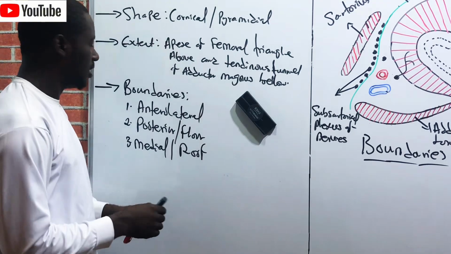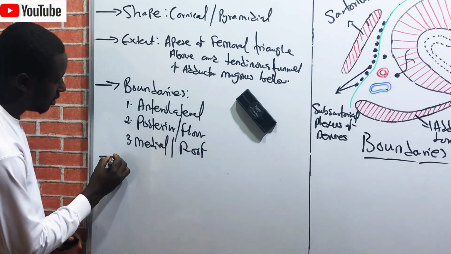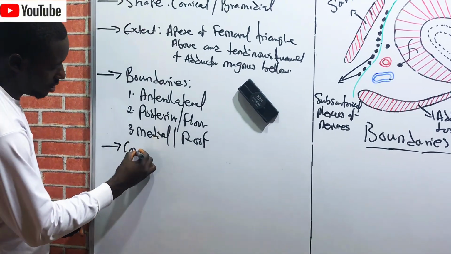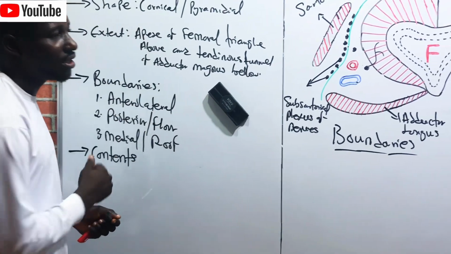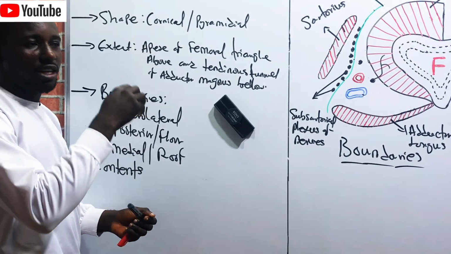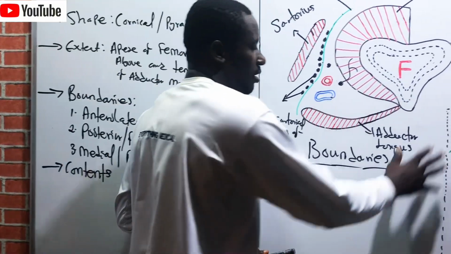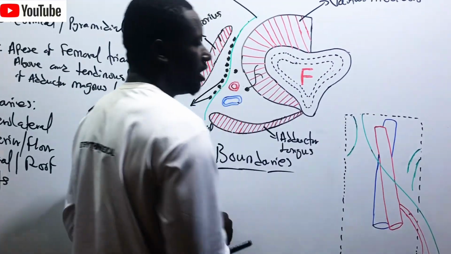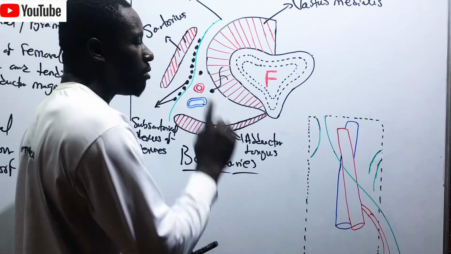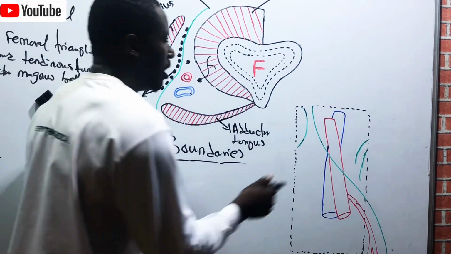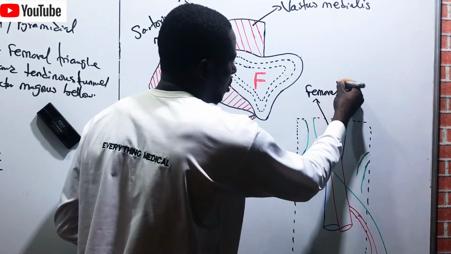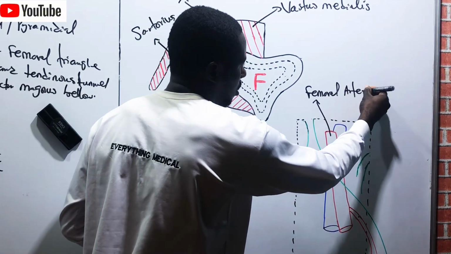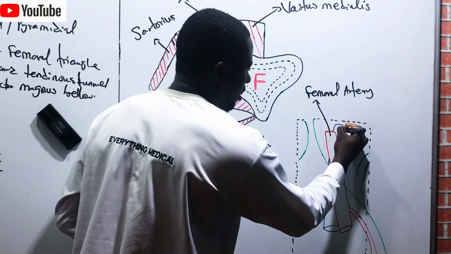Up next is the contents. What are the contents of the adductor canal? This diagram denotes the contents of the adductor canal. The number one content is the femoral artery. The next is the femoral vein.